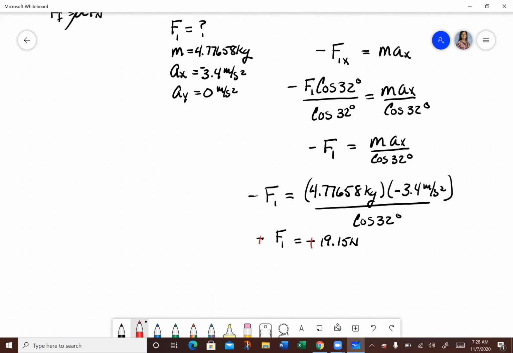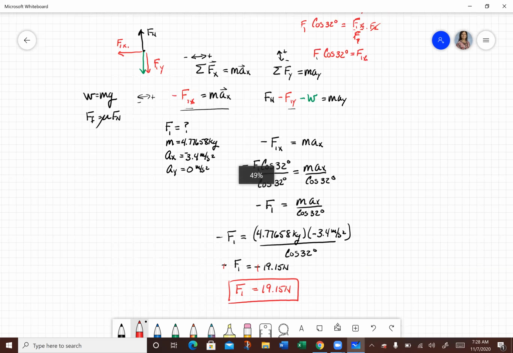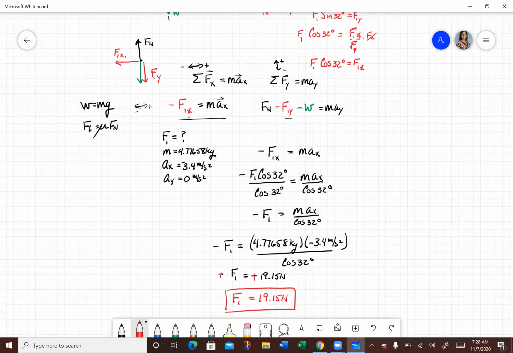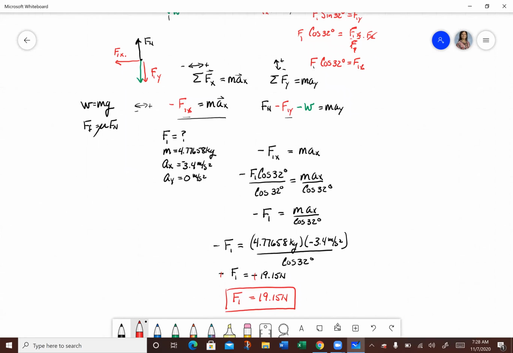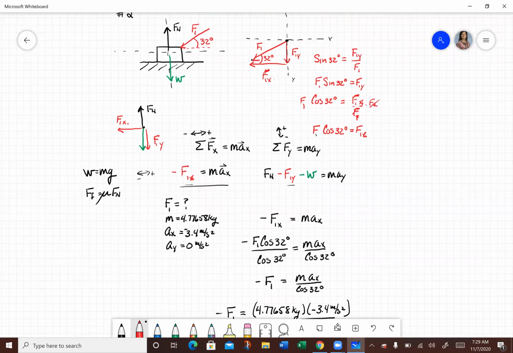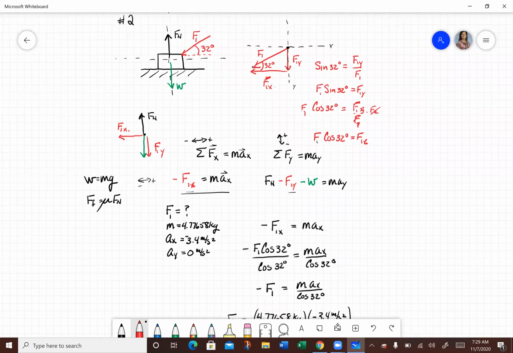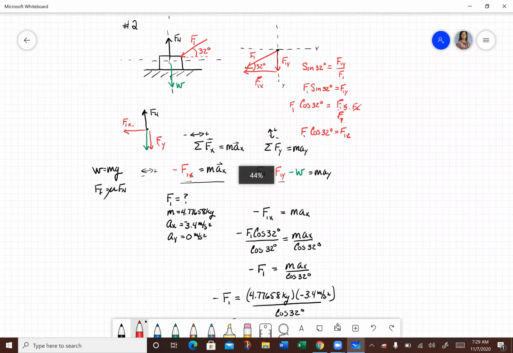And that simply means, it doesn't mean the F1 is necessarily positive, it just means you chose the correct direction in your picture in this case. So even though it is moving to the left, it is in the negative direction, which was my correct assumption here. If I had gotten a negative answer, then my assumption of my direction of my force is not correct. All right, so that's problem number 2.